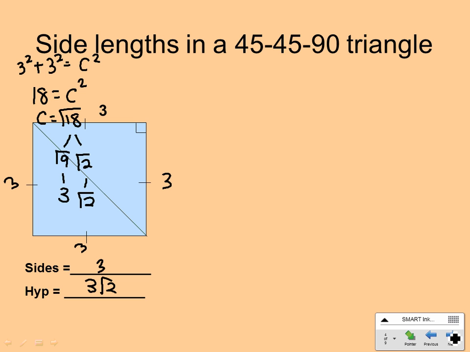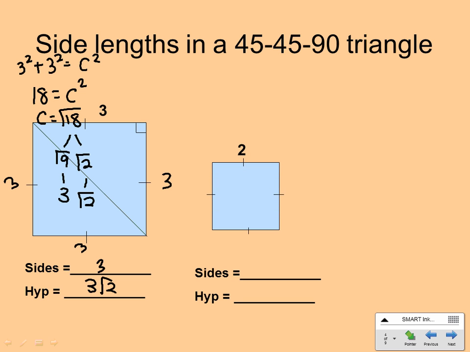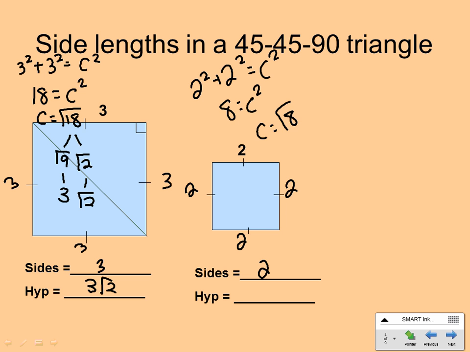Make sense? Okay, let's look at a square with side length of 2. 2's all around. This will be 2 squared plus 2 squared is equal to c squared. So 2 squared plus 2 squared is 8. And what is the square root of 8 reduced down to? 2 radical 2.